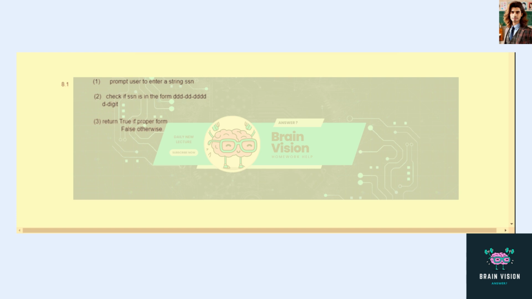Before we begin the problem, I think it's probably a good idea to try and analyze what this problem wants us to do. In step number one, we're asked to input a string, to gather a string from the user, which is typically done using the input function.